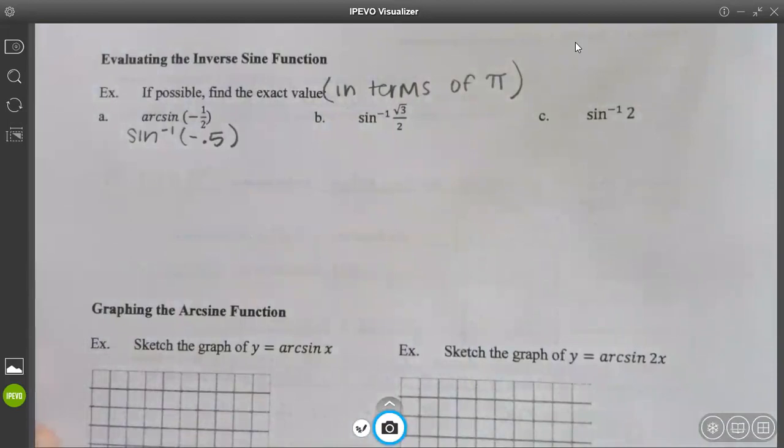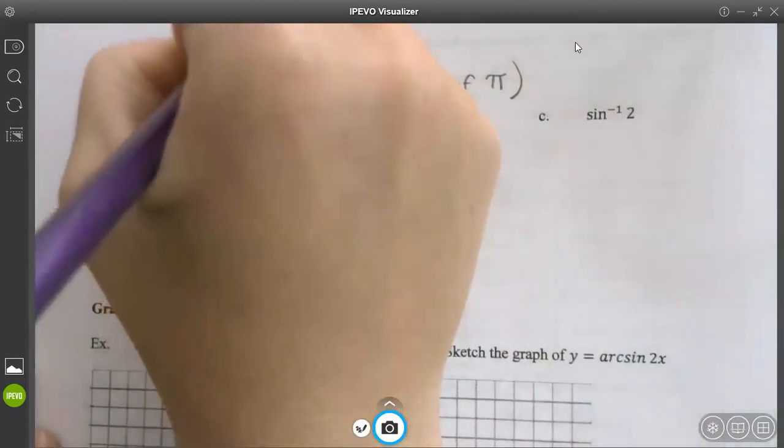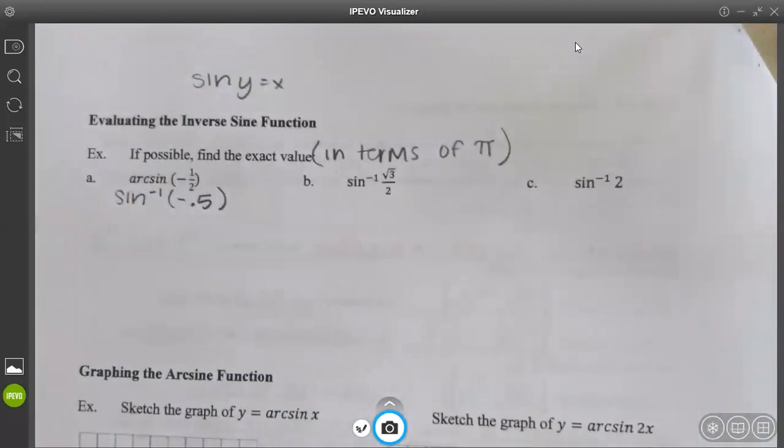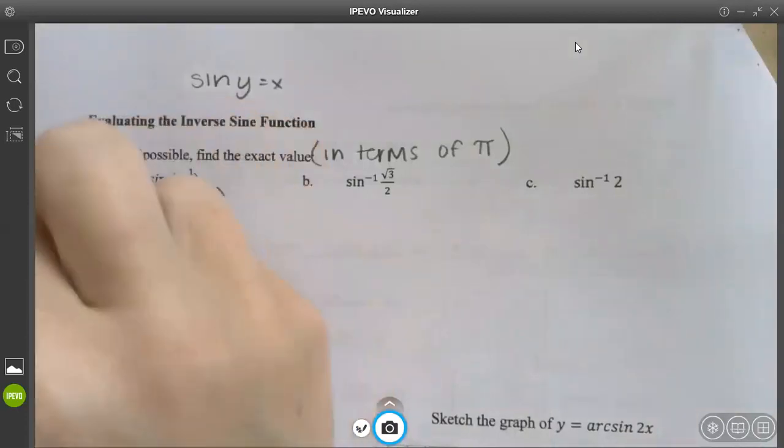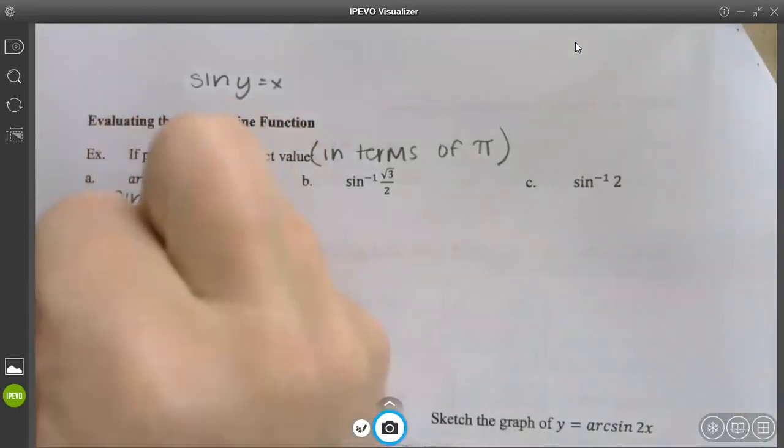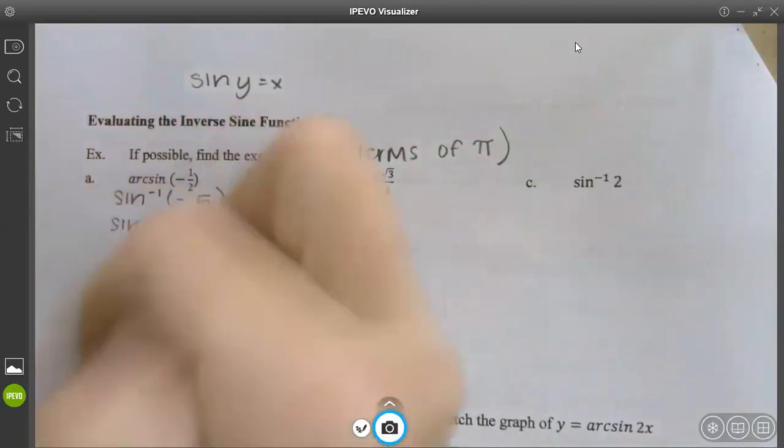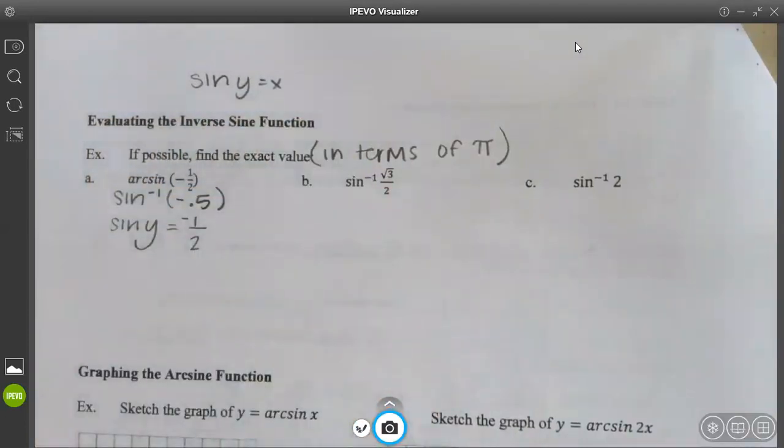Our formula a minute ago said this. Yeah, same thing. All the same thing. All right. So we're going to change it because I need to do it in terms of pi. Like I could put it in my calculator and get a decimal all day long. That is fine. Don't stress out too much about whether you're going to use radians or just decimals, but I'm going to show you how to put it in terms of pi. Okay. So we're going to change this to say that sine y equals negative 1/2.